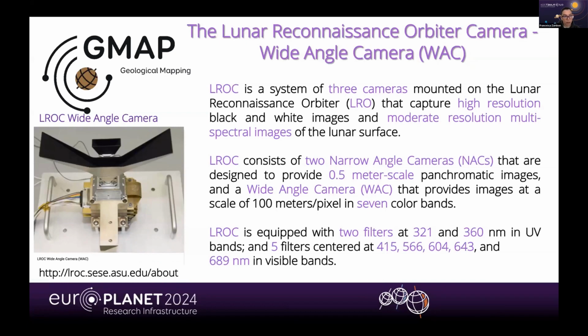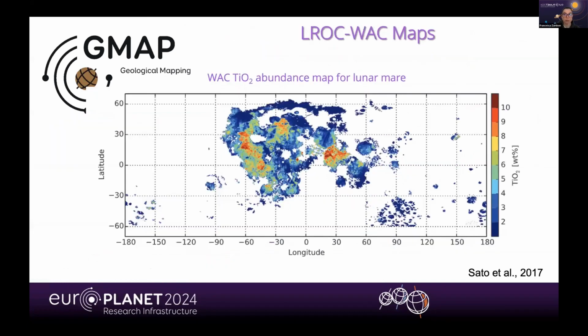With this camera, Sato et al. obtained the distribution of the titanium with the LRO wide-angle camera. In particular, here is the distribution in the Maria using a method similar to those I showed you before for the Clementine map.